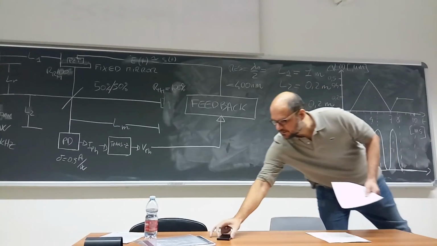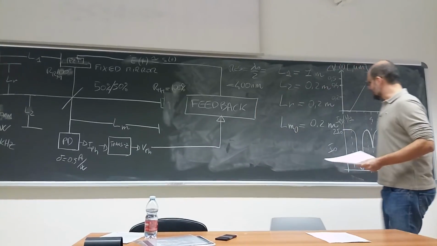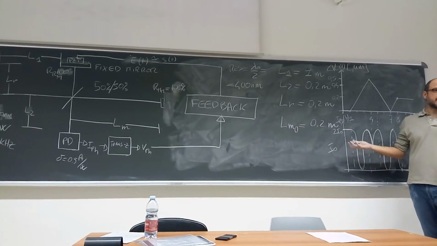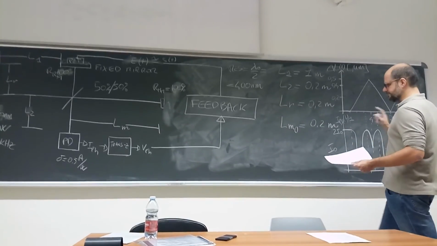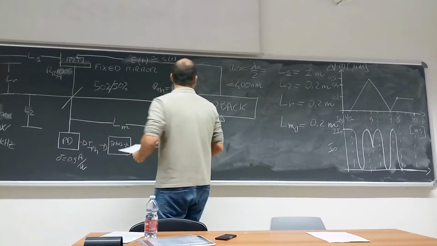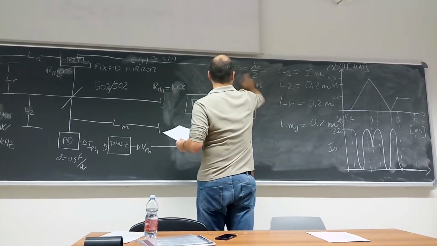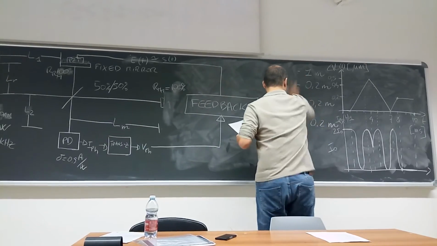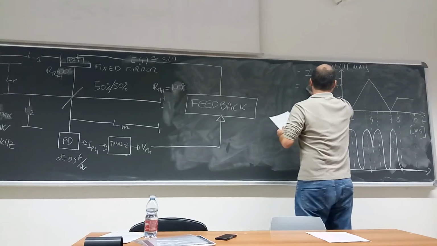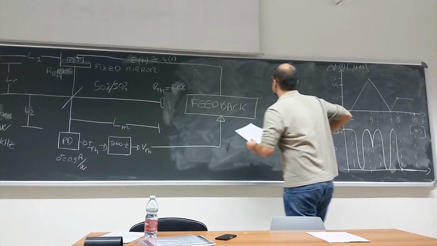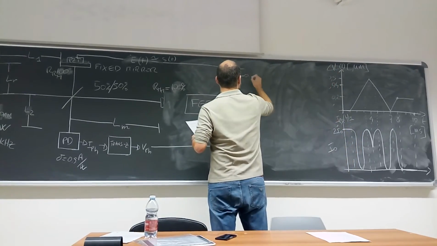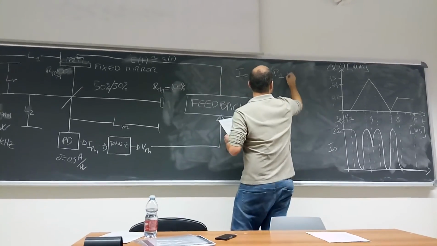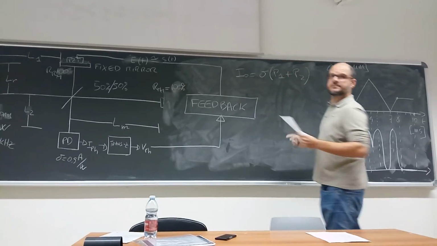Last thing. Let's try to evaluate the value of I0, the mean value of the current. What I have written before is, of course, always true: I0 is always given by sigma multiplied by P1 plus P2.